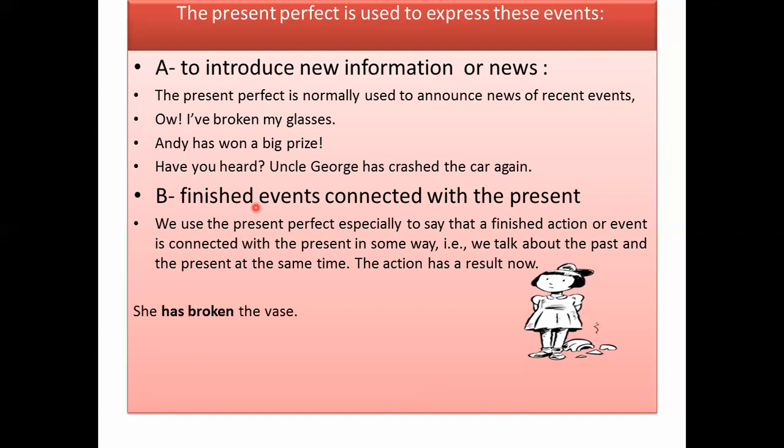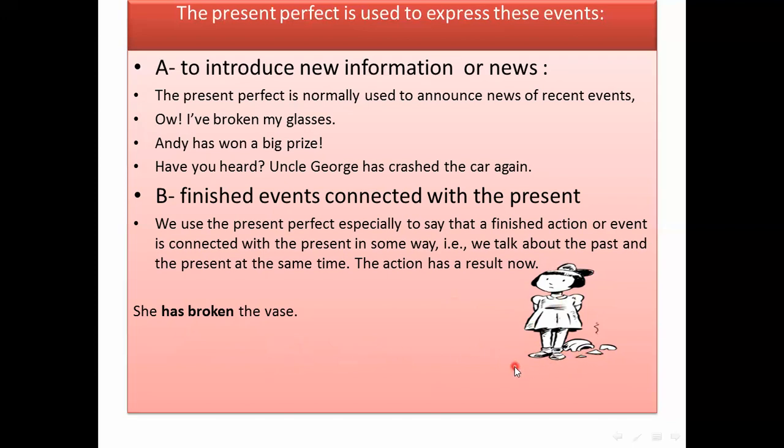I mean the present situation is affected by the action that happened in the past. In this example, look at the girl. Beside her, there is a broken vase. This action should be expressed in the present perfect simple because it happened in the past and it has a result now.